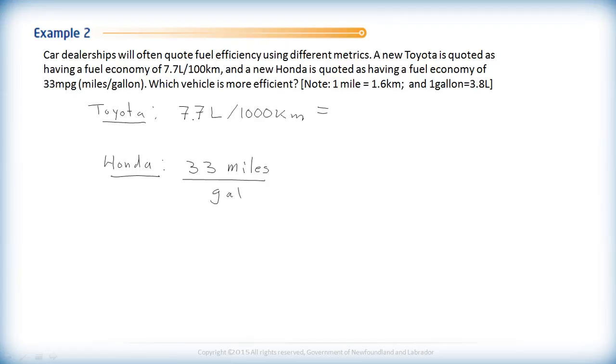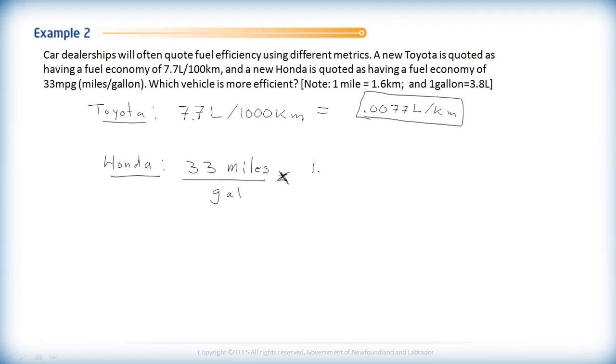So I'm going to take 7.7 and I'm going to divide it by 1,000. And that's going to give me 0.0077 liters per kilometer. And that's a unit rate right there. Okay? And then we're going to have to convert our miles per gallon into liters per 100 kilometers. So they gave us the conversion factors here. So I'm going to have to multiply by 2 conversion factors to get this to work out.